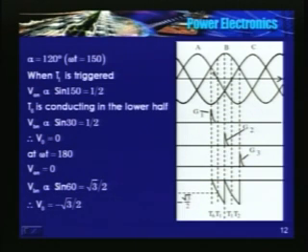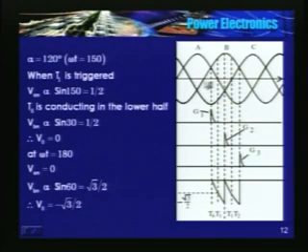So T6 is conducting, the potential of Y is VBN and potential of X is VIN. Instantaneous value of VIN is same as instantaneous value of VBN, so output voltage is 0. VBN is sin 30 and VIN is sin 150, output voltage is 0.